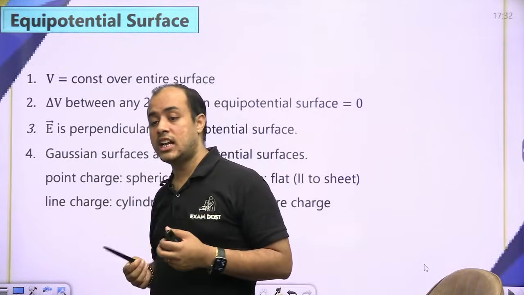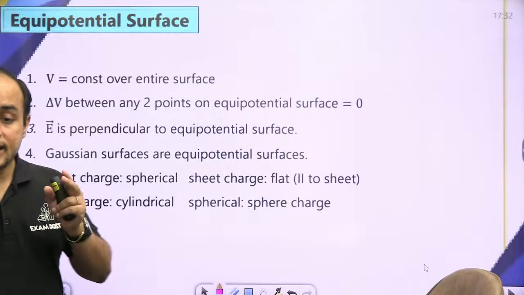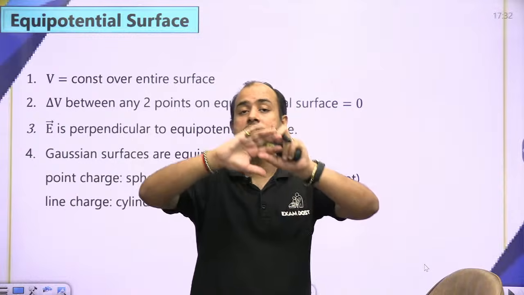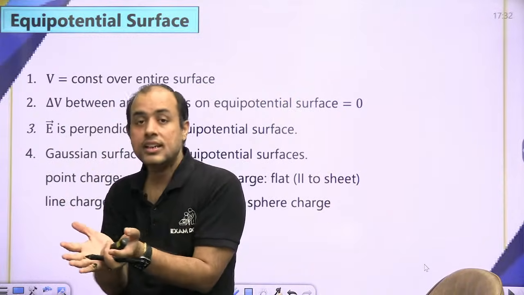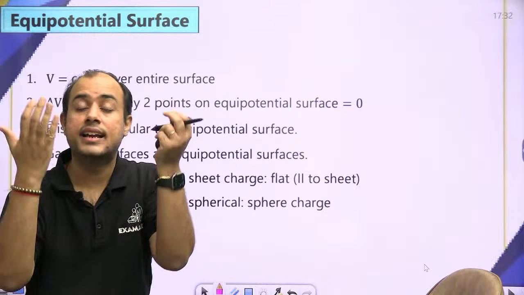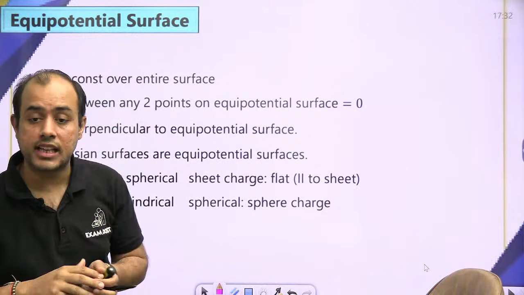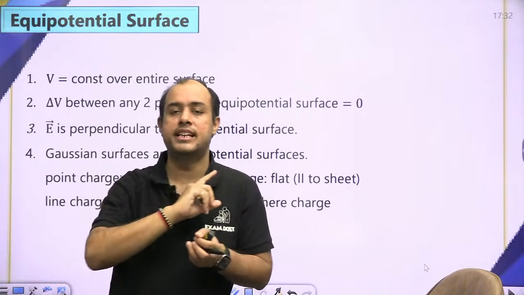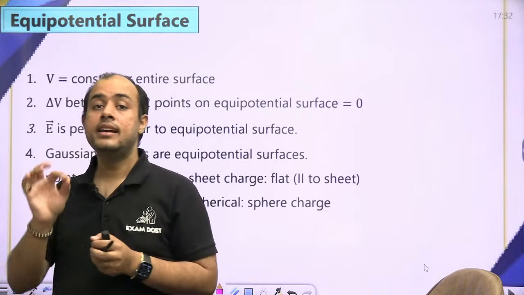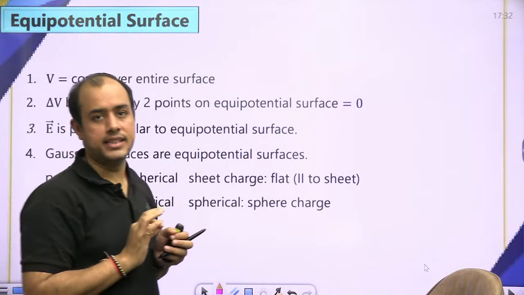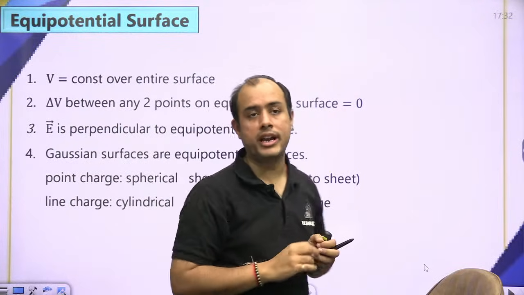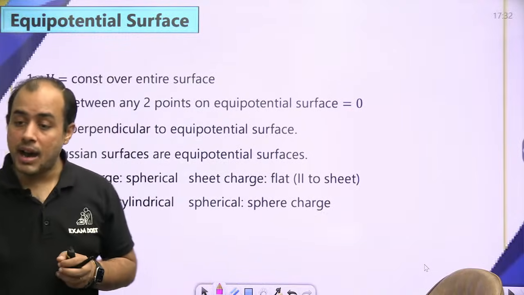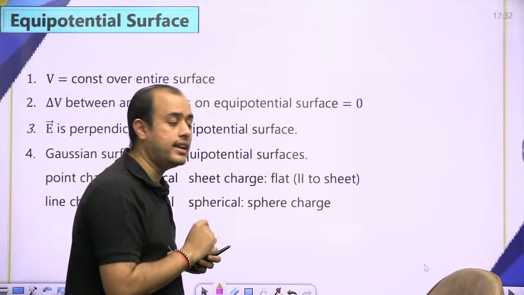Now, what is an equipotential surface? It is a surface, beta, where potential is constant over the entire surface. So mainly a conductor acts as an equipotential surface because on the body of the conductor potential is same. So you can say that potential difference is zero between any two points. Now what is potential difference? Minus integration of E dot dl.